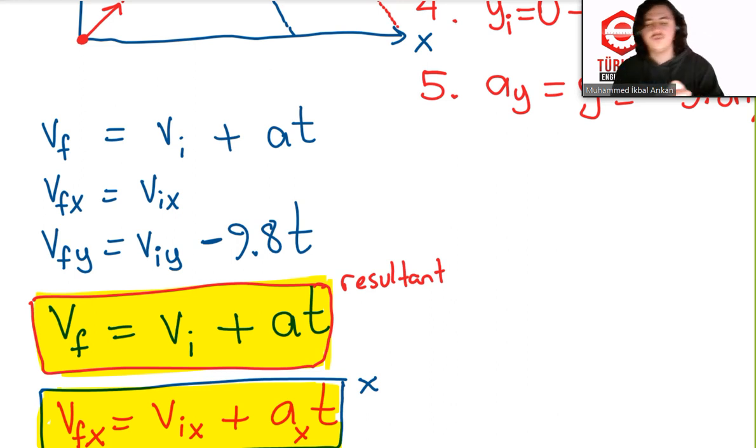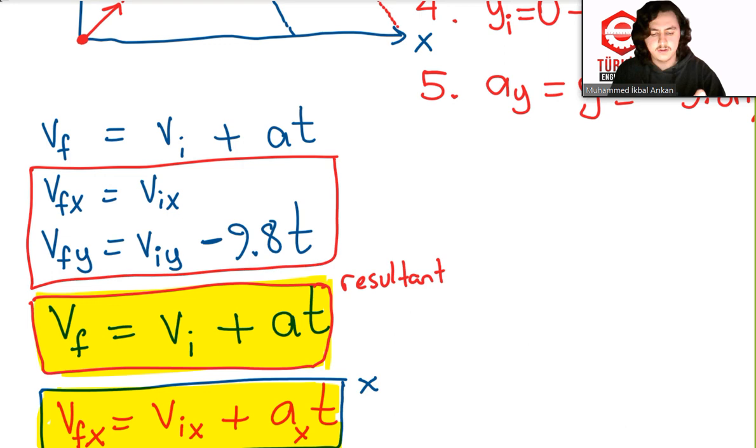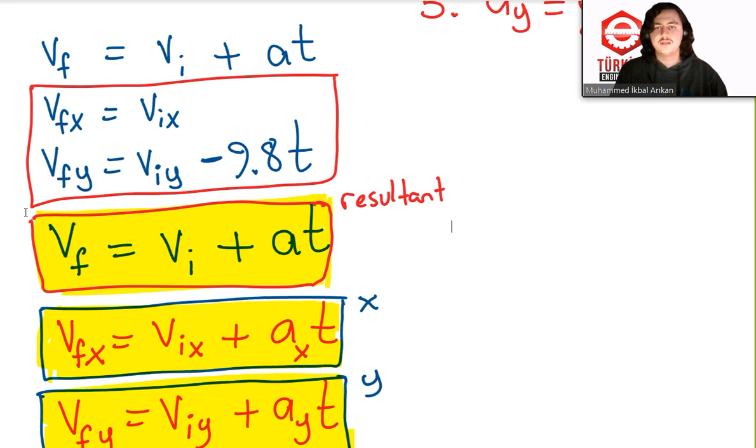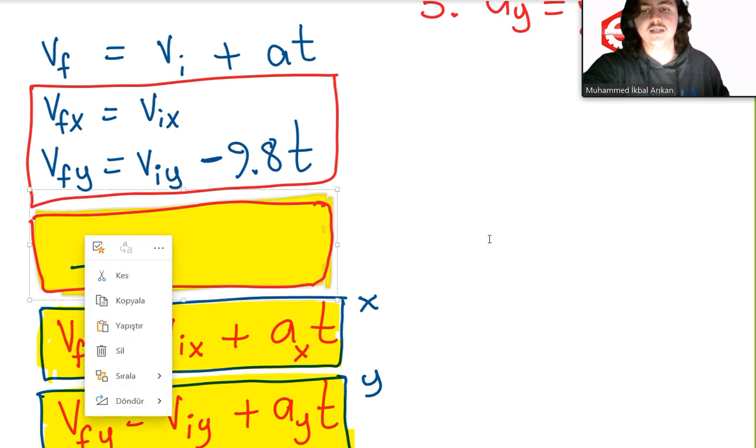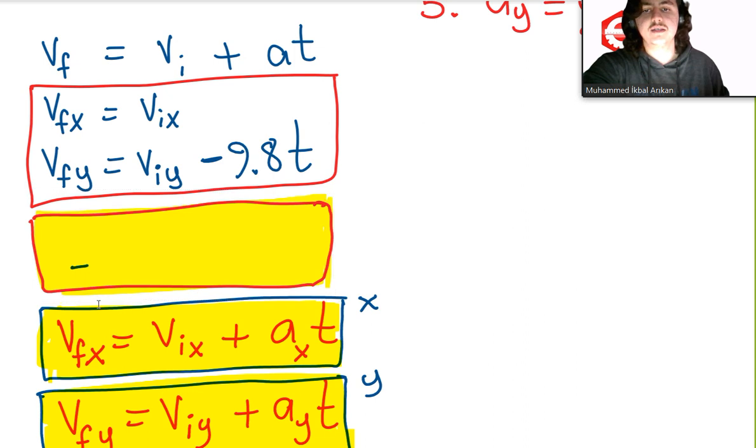So I got two new formulas for projectile motion. Okay, these are our formulas for projectile motion to calculate final velocities. This one is for the resultant, which I will not use here. Okay, just these two. For calculating the final velocity as a resultant, as you know, we have x-axis and y-axis components, and we have the resultant one, which is the summation of x and y.